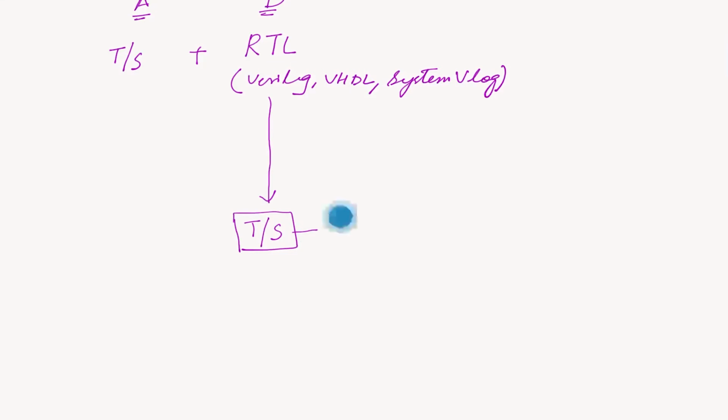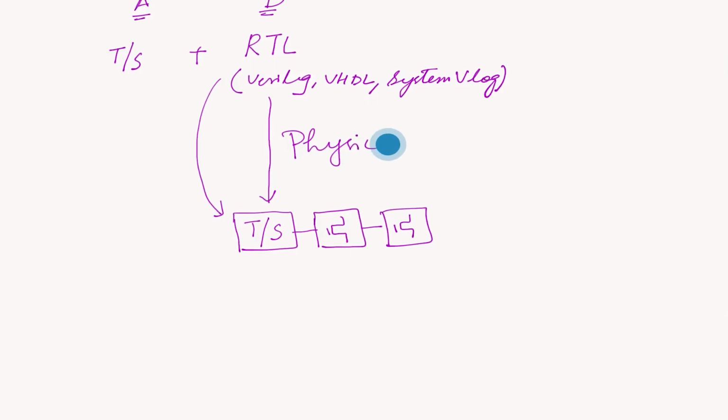In the previous video, I used some schematic for PMOS. So this RTL needs to be converted into transistors, and the tools, the process, the flow that we go through to create these transistors is called physical design. Okay.